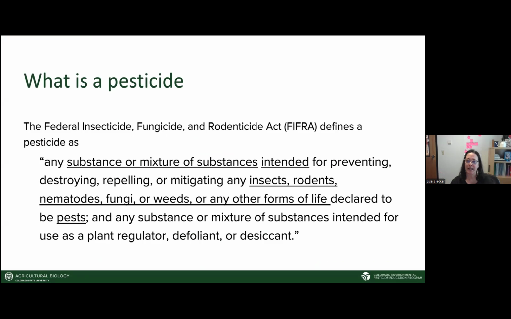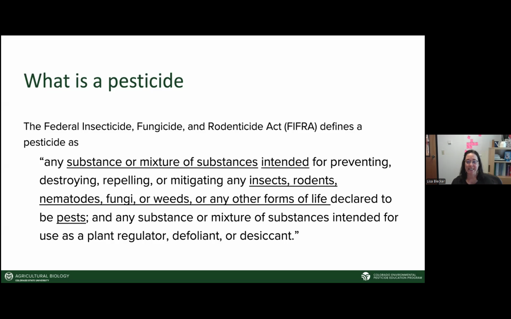And this is the regulatory definition. It's a substance or mixture of substances. You probably said something like it's a chemical, and that's what this says, substance or mixture of substances intended. So you're using it on purpose for preventing, destroying, repelling, or mitigating any pest, basically.